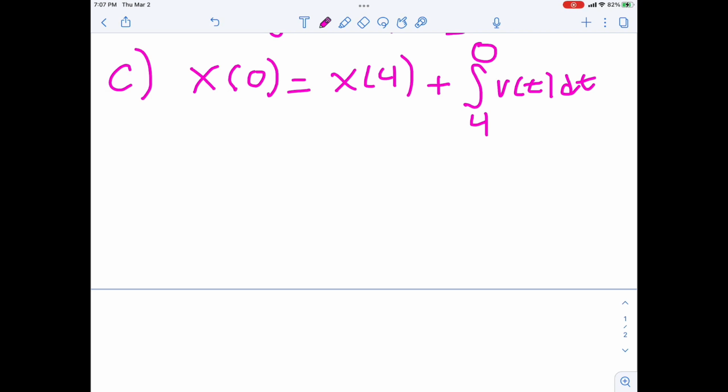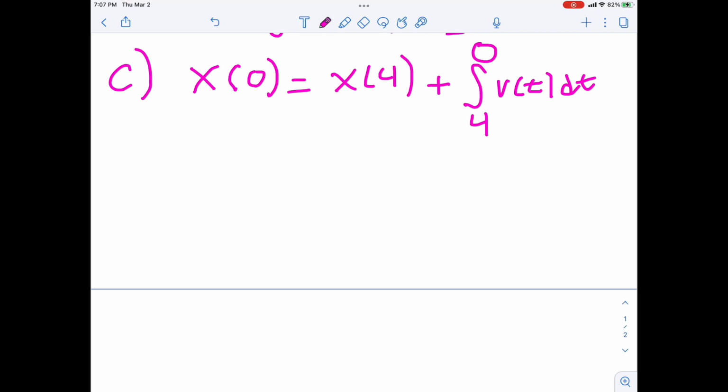So you're probably noticing that our limits of integration are going the wrong way. The greater number is usually the upper limit of integration, but in this case, it's the smaller number.